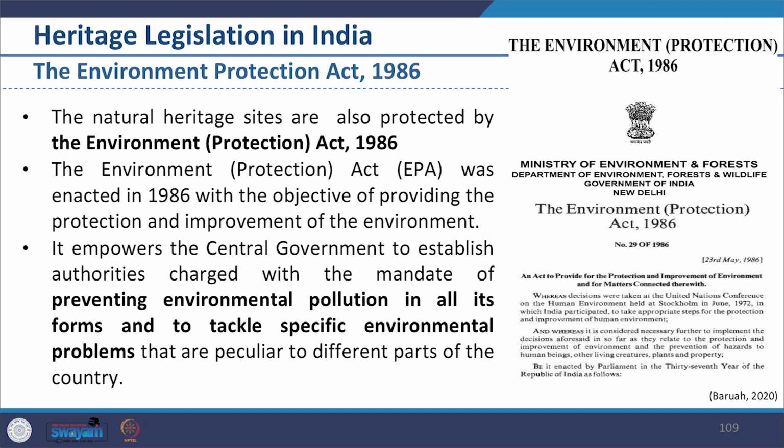It empowers the central government to establish authorities charged with the mandate of preventing environmental pollution in all its forms and to tackle specific environmental problems that are peculiar to different parts of the country. The Act is one of the most comprehensive legislations with a pretext to protection and improvement of the environment.